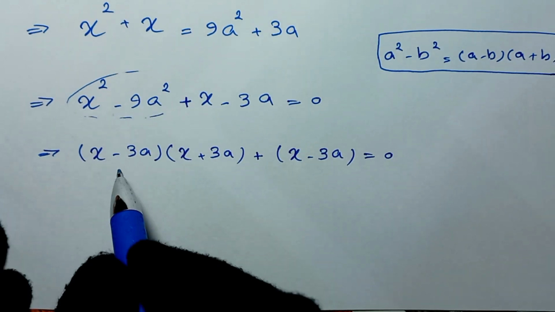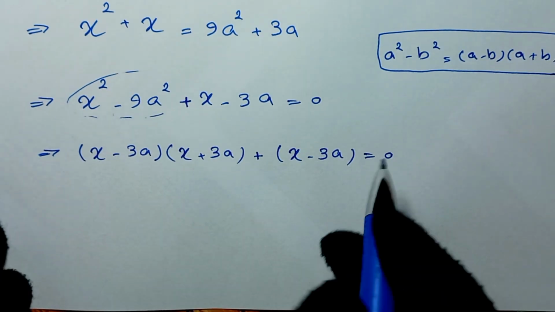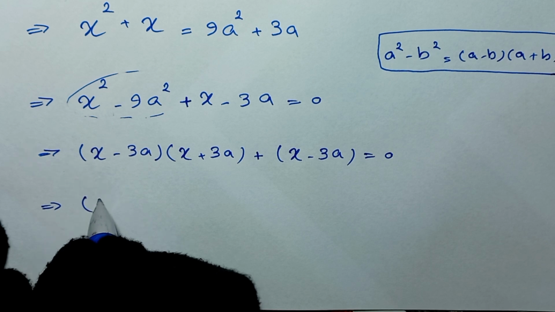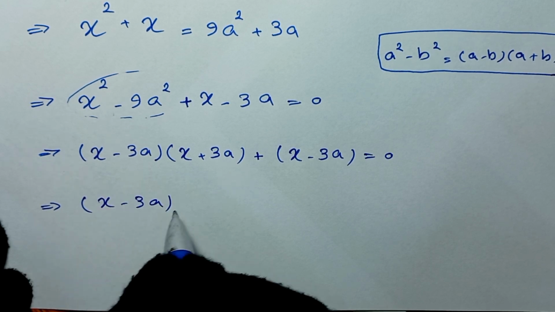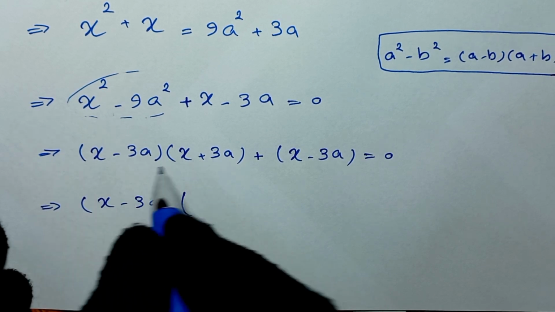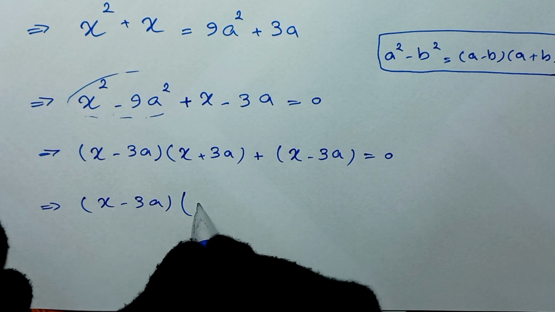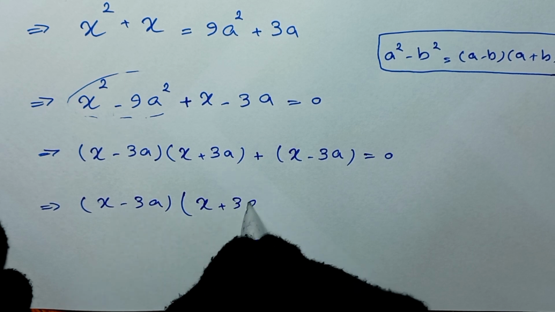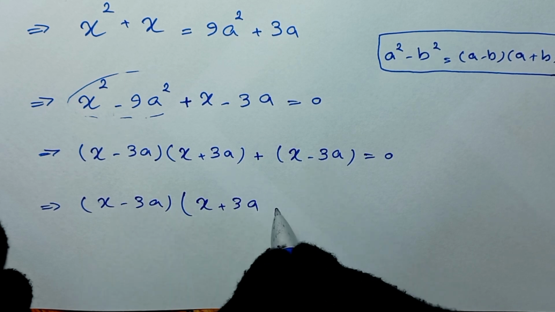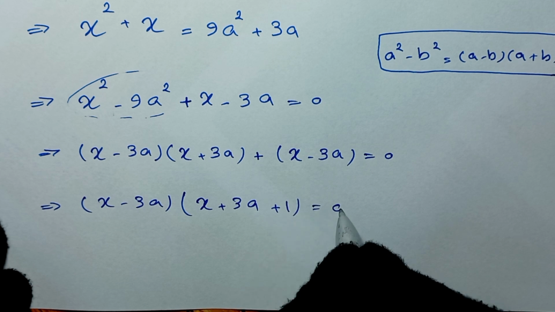From here, x minus 3a is common, so we factor out x minus 3a. For this part, this divided by this gives x plus 3a, and this divided by this gives 1, is equal to 0.